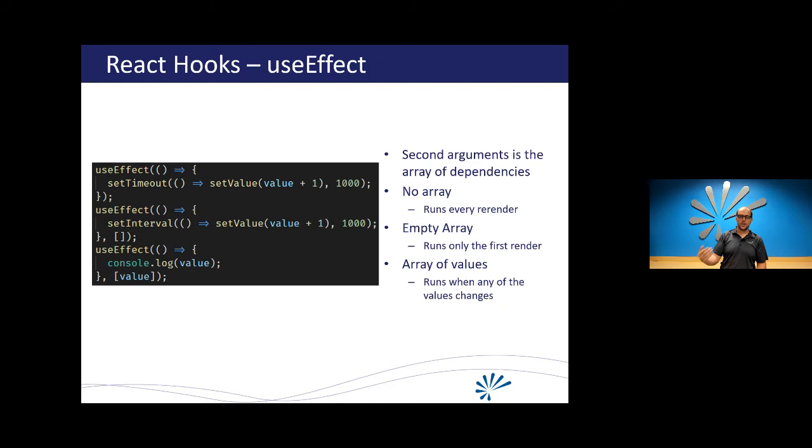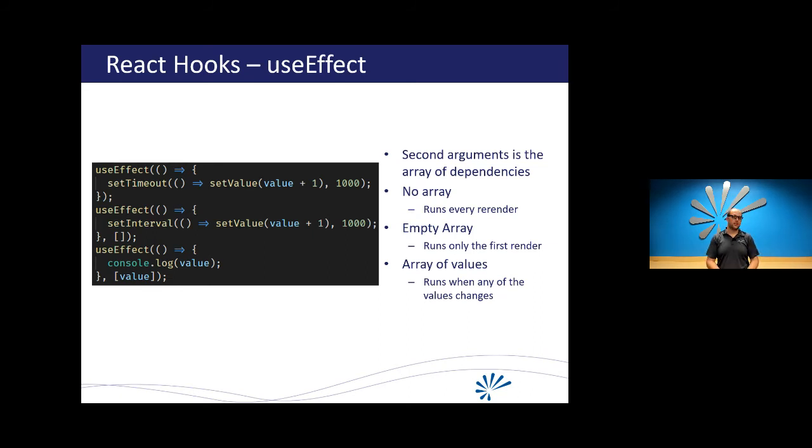So if we use the first and the third useEffect in conjunction, the first effect would set timeout and every second re-render the component. And the second effect would say, oh, the value changed, so I'm going to console log it. Oh, the value changed, so I'm going to console log it. But if another component caused our counter to re-render for whatever reason, the third useEffect in here wouldn't re-execute if value didn't change.